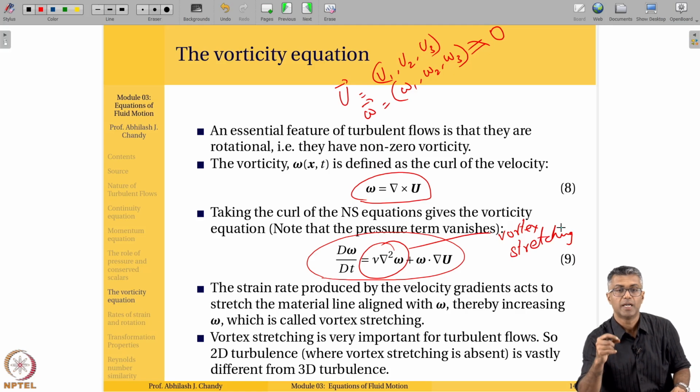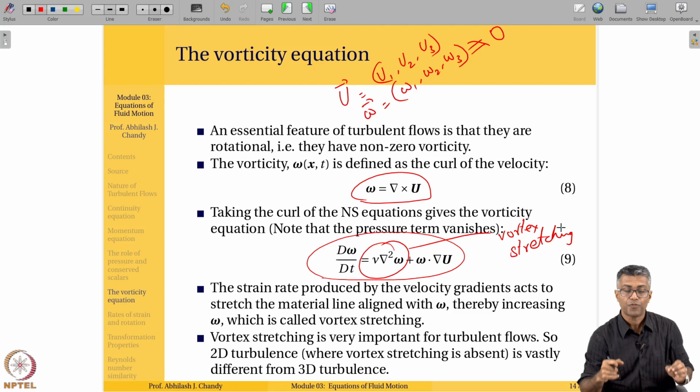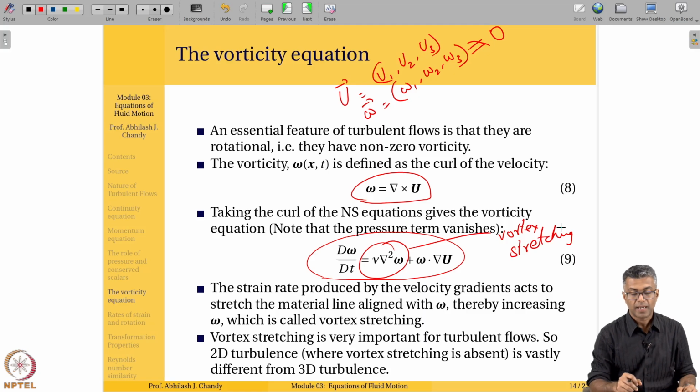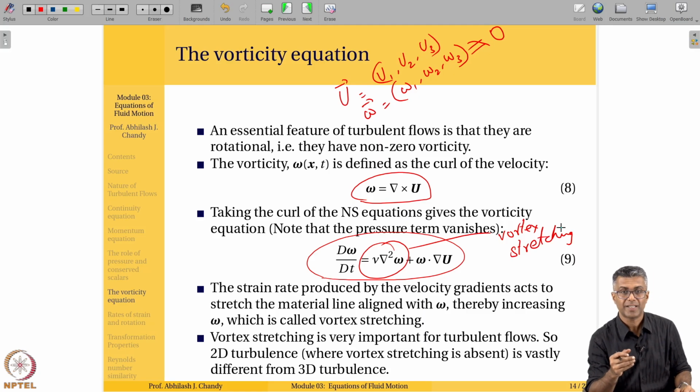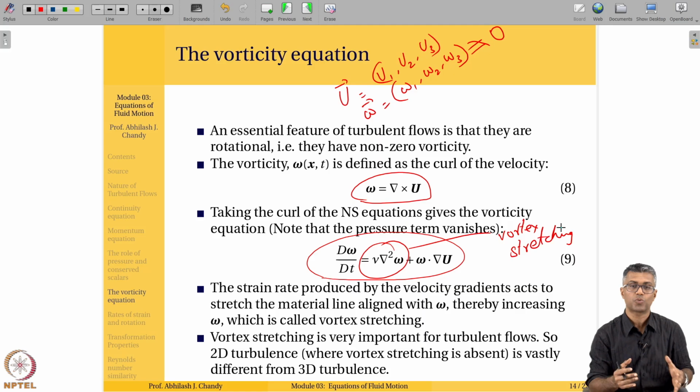The breakdown happens because of vortex stretching. If you consider two-dimensional flows, this vortex stretching term goes to zero. In that case, how will you justify the existence of turbulent flows? That is why we say that there is no 2D turbulence. We have discussed this as well. This term goes to zero.